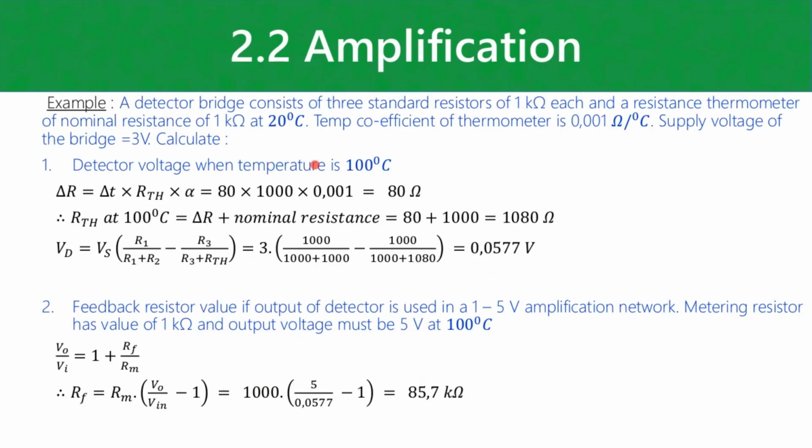Right, so I do have an example here already in the slides of how a detector bridge actually works. We have a detector bridge with 3 standard resistors, 1 kilo ohm each. And then we have a resistance thermometer or a thermistor, and that has a nominal resistance of 1 kilo ohm at 20 degrees C. So in practice, you're going to build this circuit in an environment at 20 degrees C, just so that your bridge is balanced.